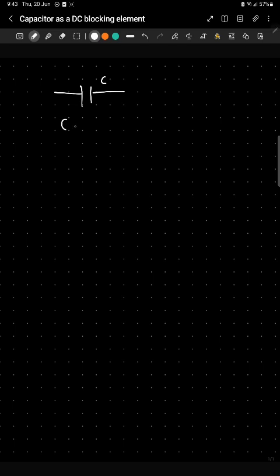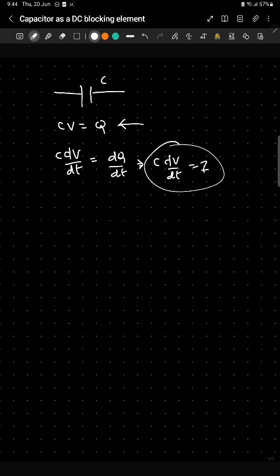So before that, we are already familiar with the establishment of the principle that a capacitor fulfills this equation, right? So if we take the time derivative of this equation, we get an equation that relates the rate of change of voltage and current.